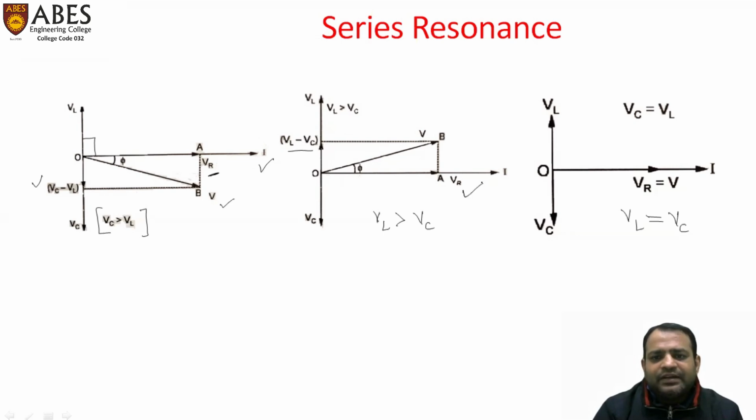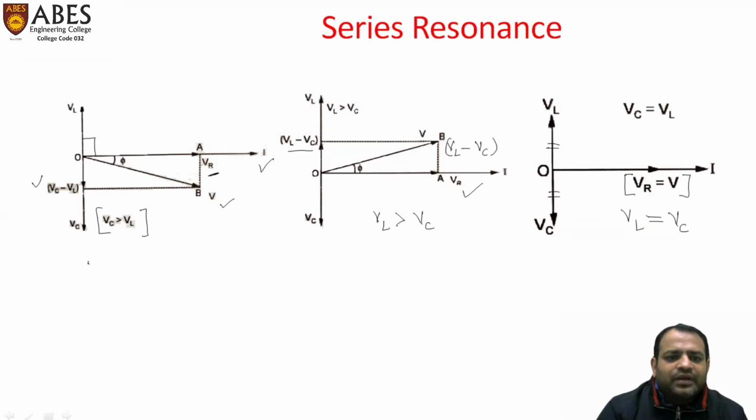This is VR vector and this is our VL minus VC vector. So the resultant vector of V is OB. Now, if VL is equal to VC, these two vectors are equal, then our resultant vector is equal to VR. VR is equal to V.